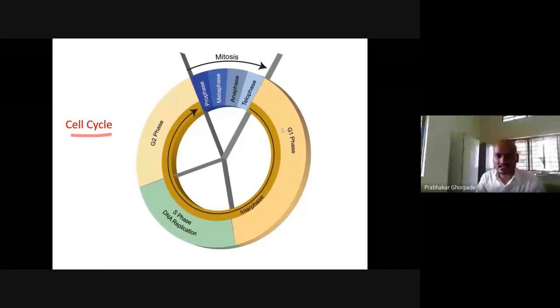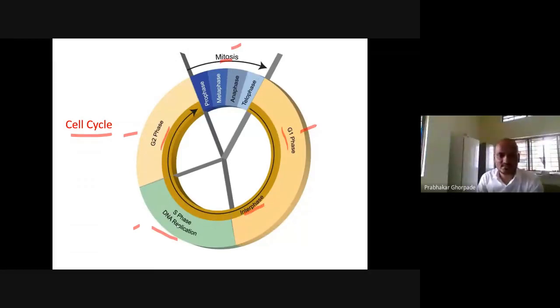It consists of G1 phase, S phase, G2 phase, and then mitosis. These are the four major stages of the cell cycle. Out of these, G1, S, and G2 are referred to as interphase, and after that comes mitosis.